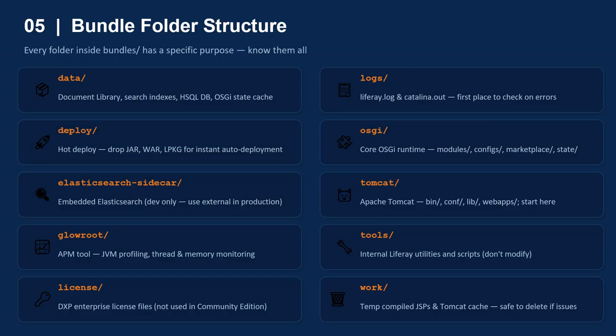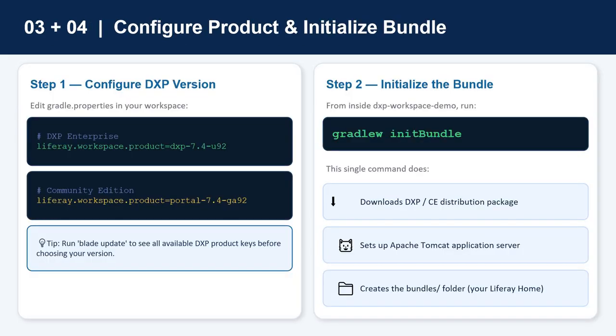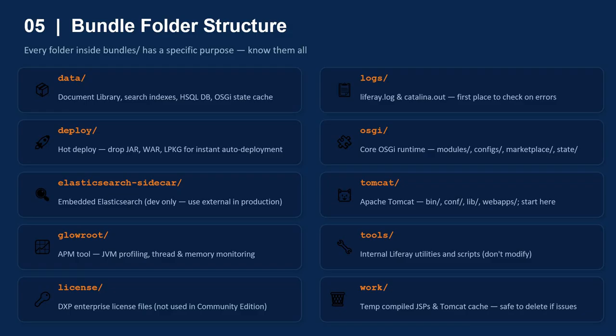Now I'm just trying to explain, guys, about the structure of the Liferay bundle. Once your bundle gets downloaded, it is going to look like this structure. There will be a data folder.